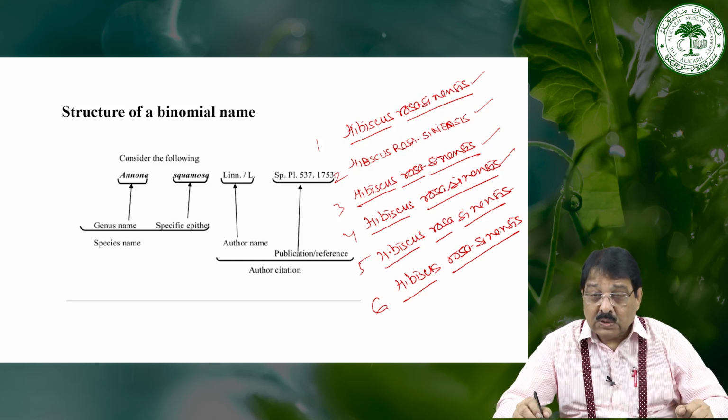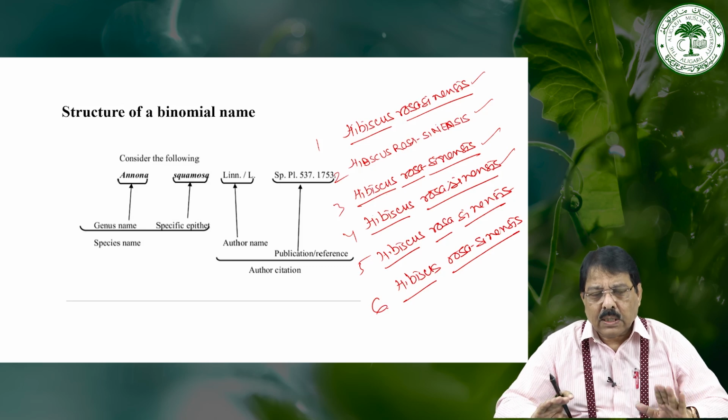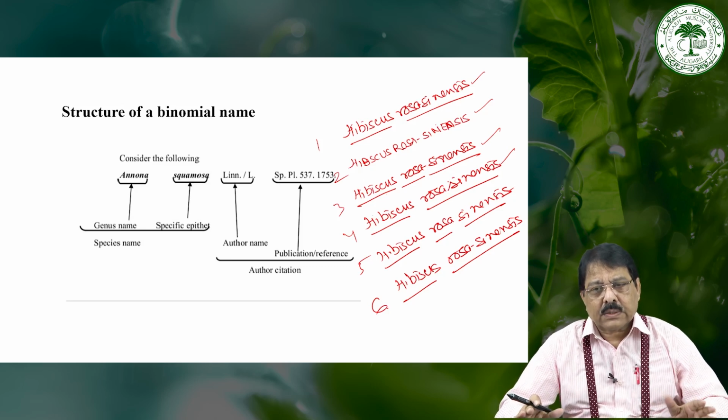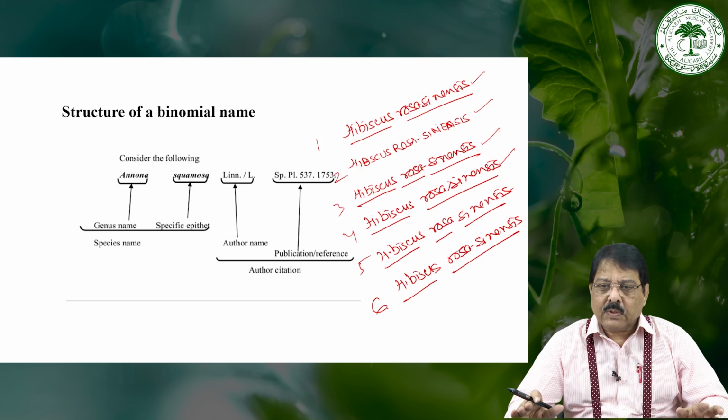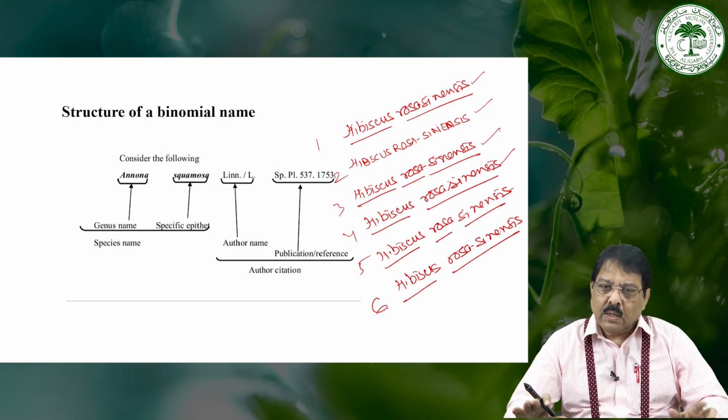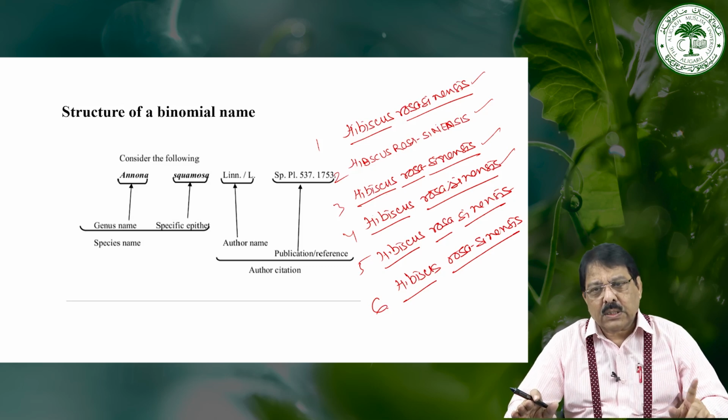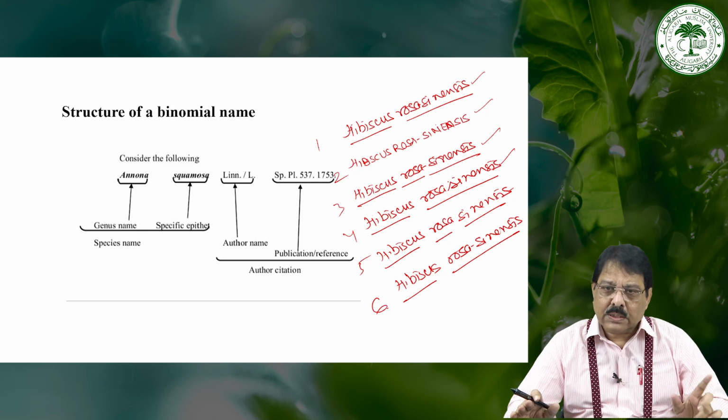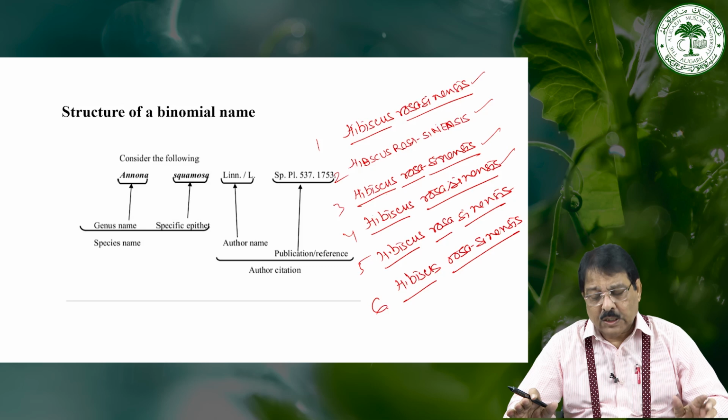Rosa sinensis is considered as consisting of 2 words, and when the genus as well as the specific name consists of 2 words, then they must be united with a hyphen to form a single word, because the rule of binomial nomenclature is that any plant will have only 2 words, the first the generic name and the second the specific name.